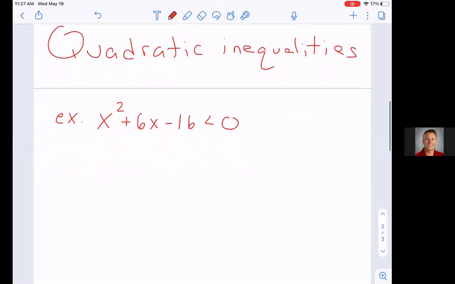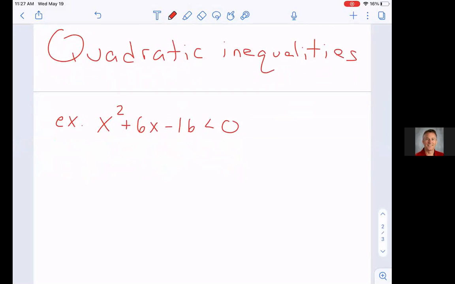So first thing we do is just kind of treat it like an equation. And so I'm going to do that, that gives us our key points. I'm going to factor this. It looks like that's factorable pretty easily here. So that's going to be x plus 8 times x minus 2.